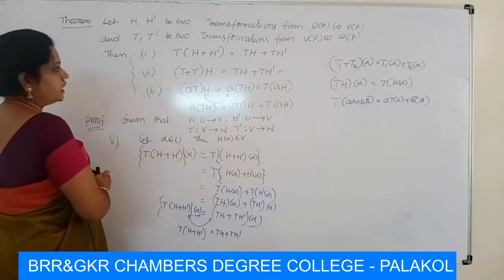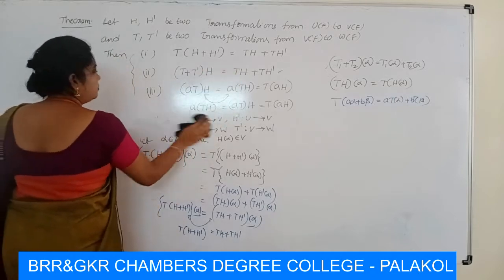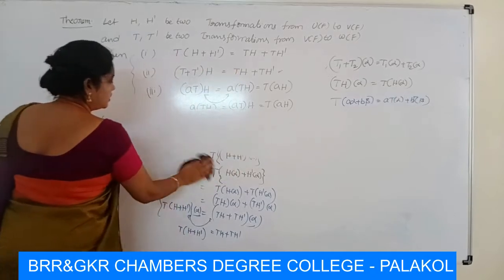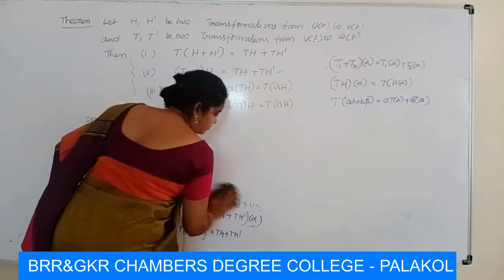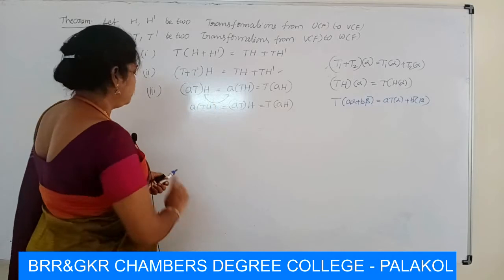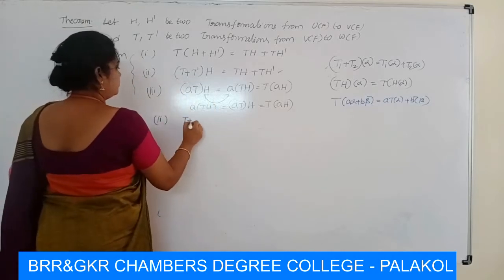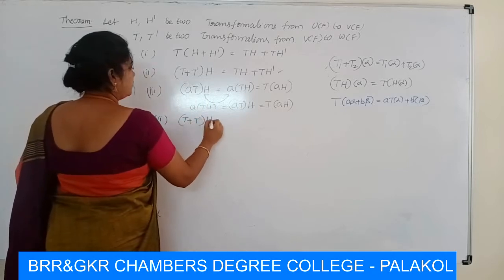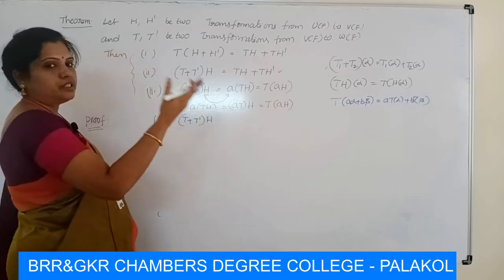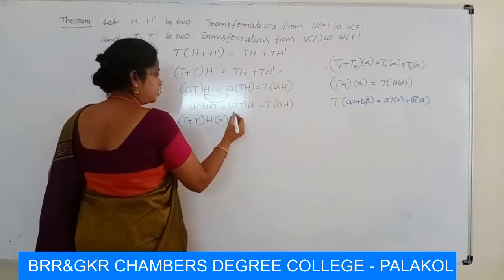Now the second condition, that is (T plus T dash) into H, is equal to TH plus T dash H. So we are applying the offering element alpha.